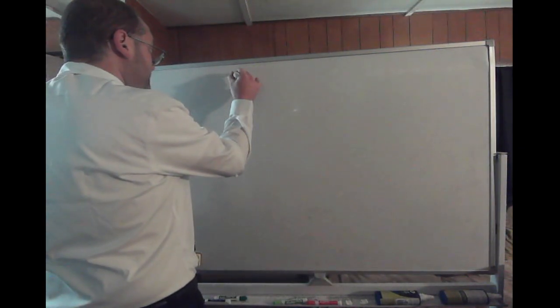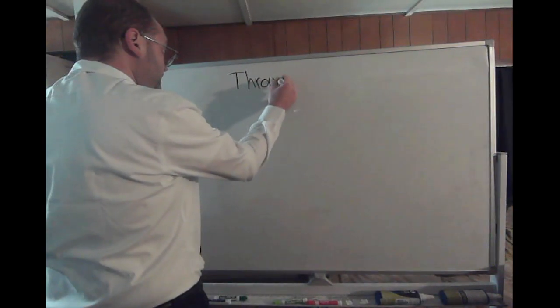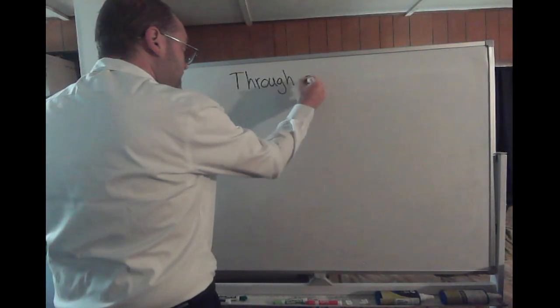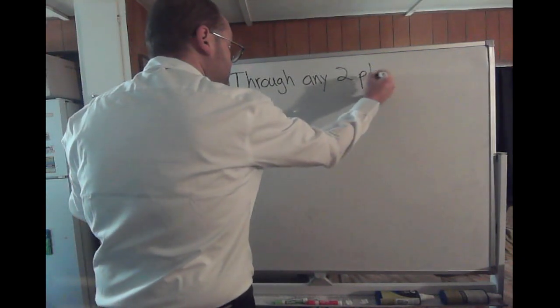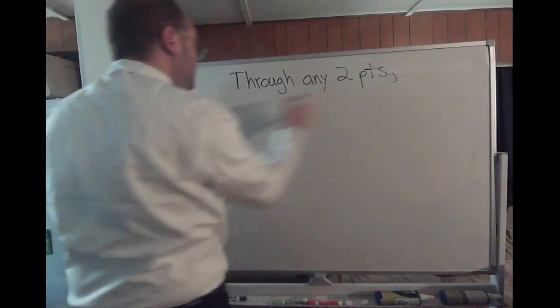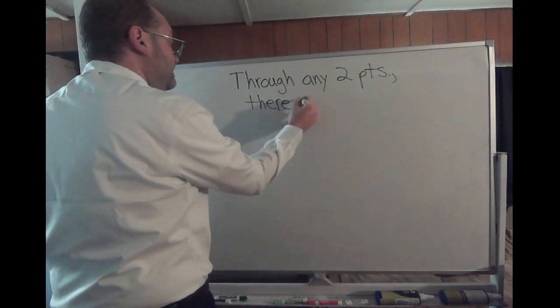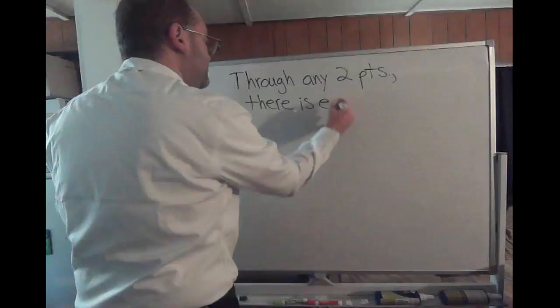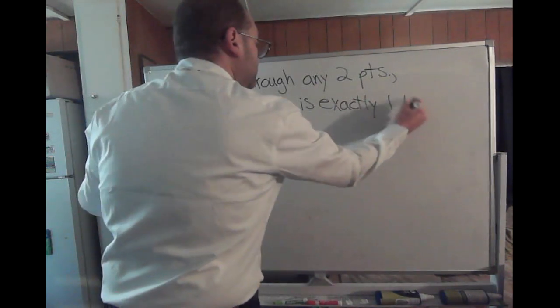This next postulate should be pretty easy. Through any 2 points, there is exactly one line.